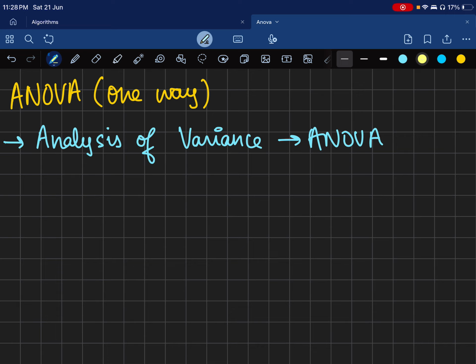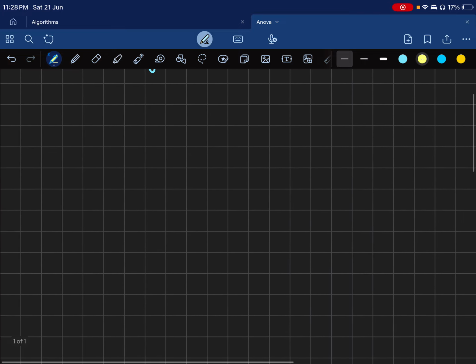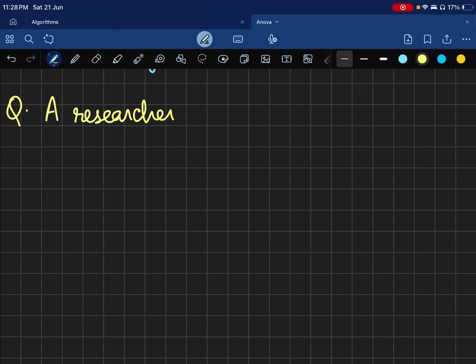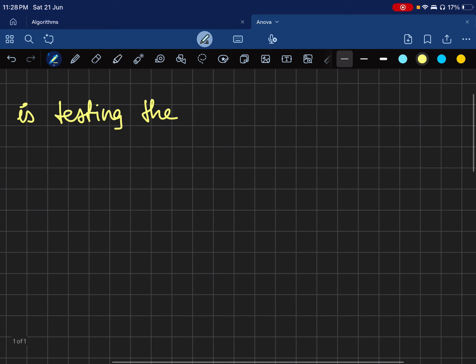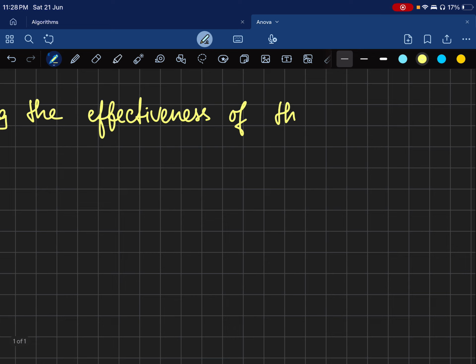To begin with ANOVA, let's start directly with a question because that's how it's easy to understand ANOVA. The question says a researcher is testing the effectiveness of three different diets on weight loss.